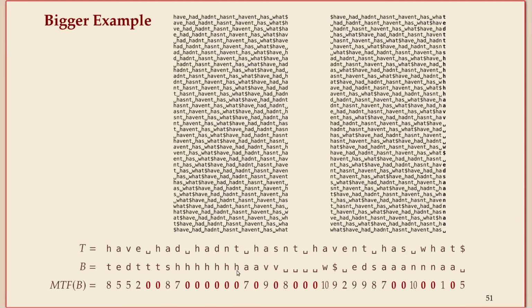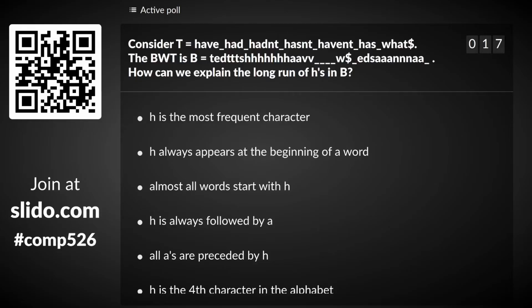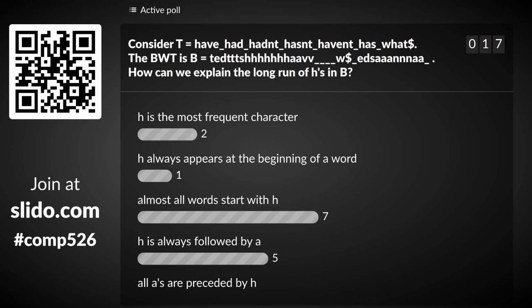And again, I left this here because it's insightful to look at this run of H's here. It's the same here. And because we're already at 12:30 and I have a follow-up meeting right after this, I think I'll have to close the vote now so that I can at least briefly discuss the result as well.